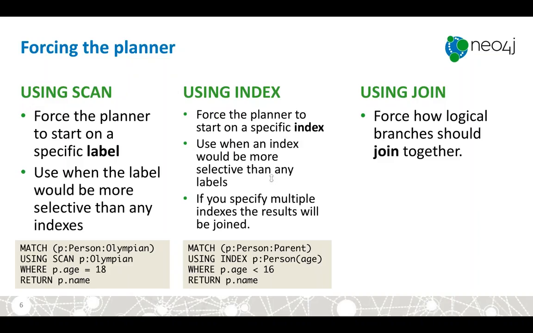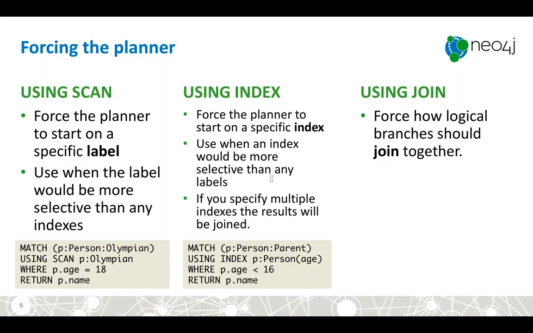So when would you want to use this? You'd want to use it when the label would be more selective than the index. In this example, there are a lot more people of the age 18 than there are Olympians, and so being able to force it to use the label Olympian would result in a smaller search space.